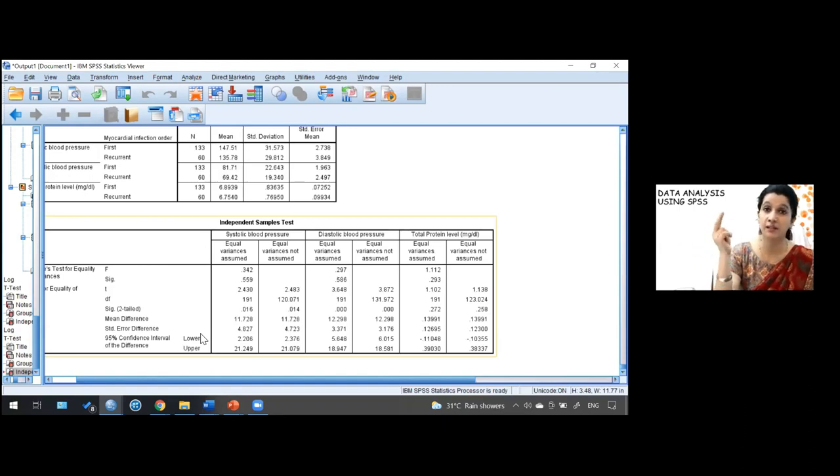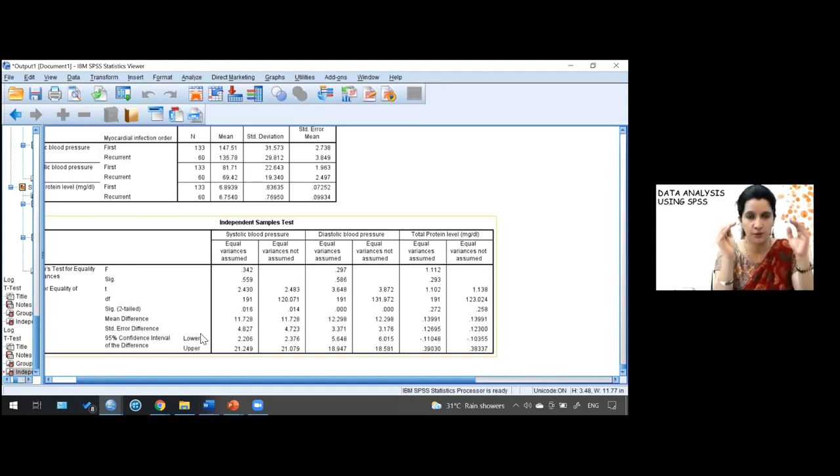Whenever we reject the null hypothesis, then it is significant, right? I don't know whether you have understood or not, because it is the basic concept of type 1 and type 2 error. I'm not going into the detail of that because that will again take more time.